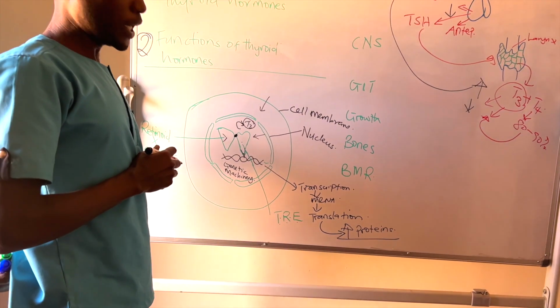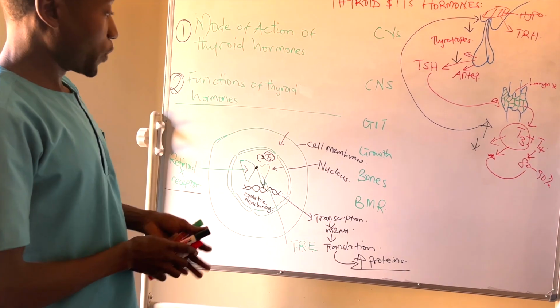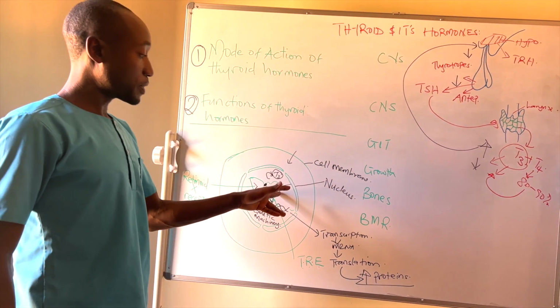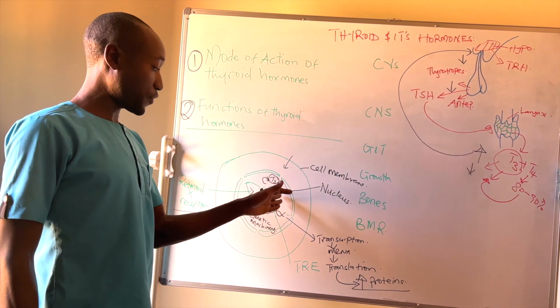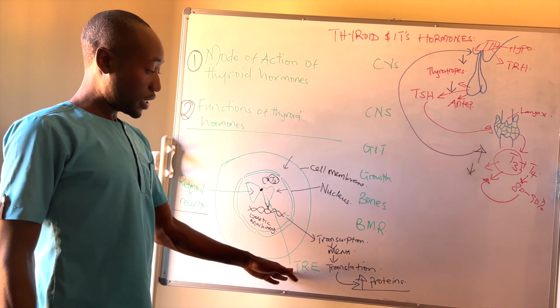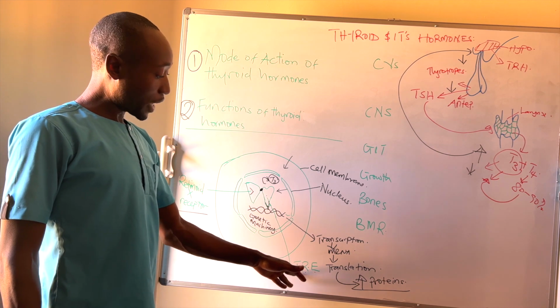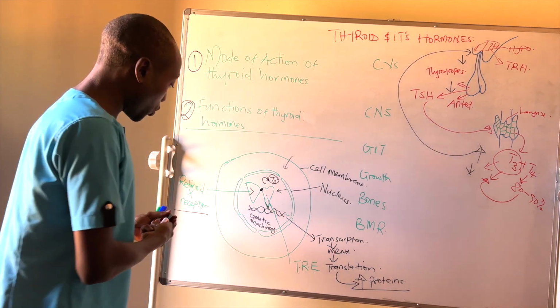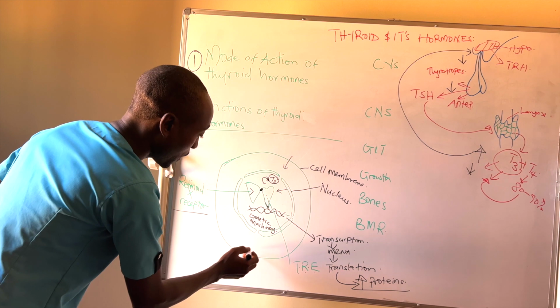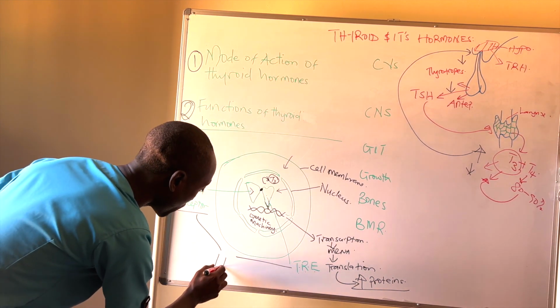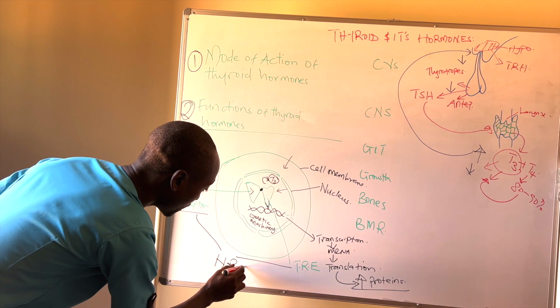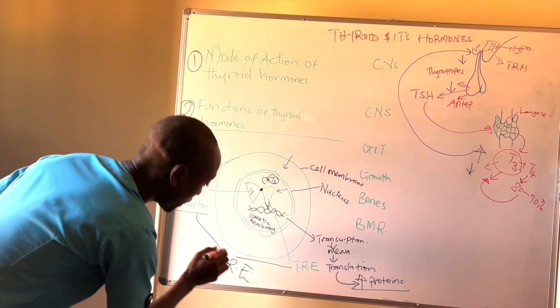Okay, so we are saying the receptors are inside the nucleus. T3 and T4 will come and bind to the thyroid receptor element. So these two, retinoid X and this, form what we refer to as the hormone receptor element.